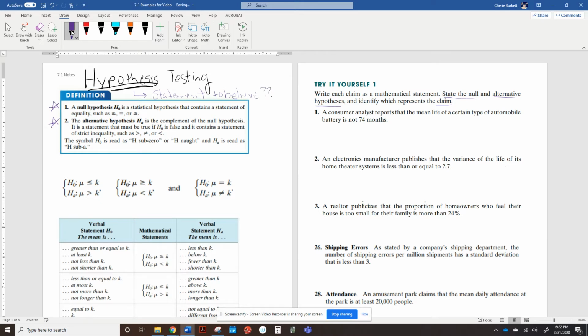And the whole point of a hypothesis test is to determine if we should believe that statement or not.